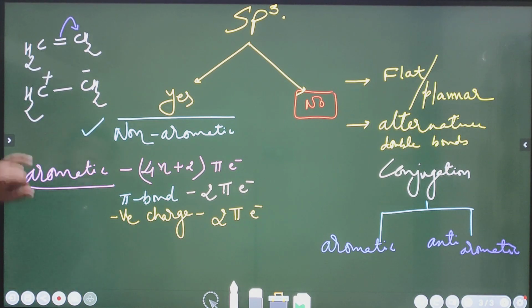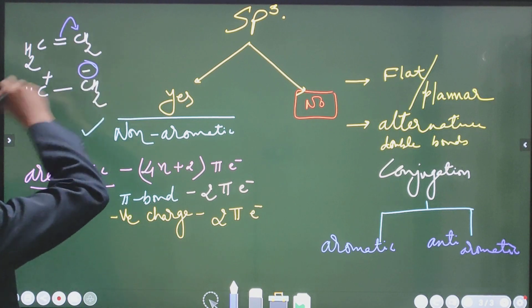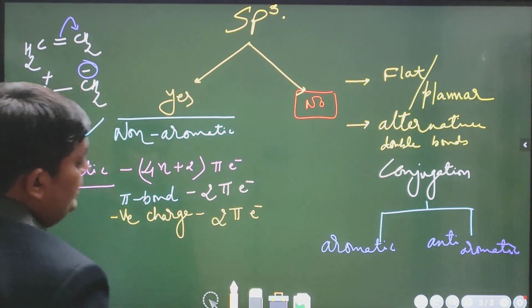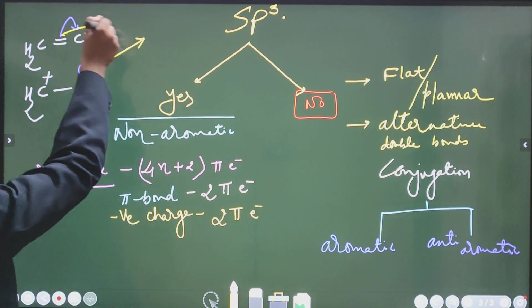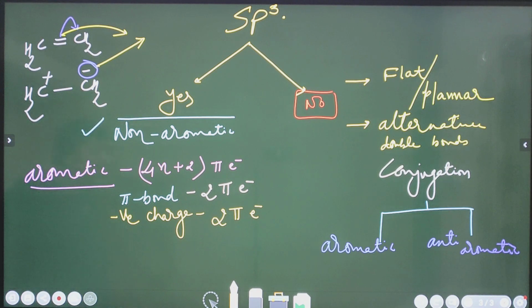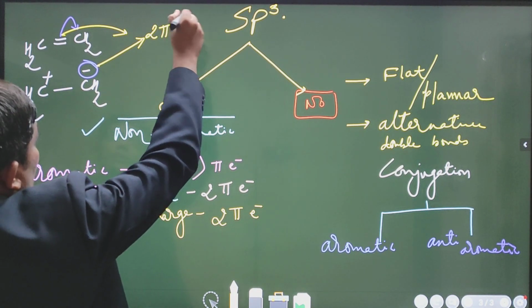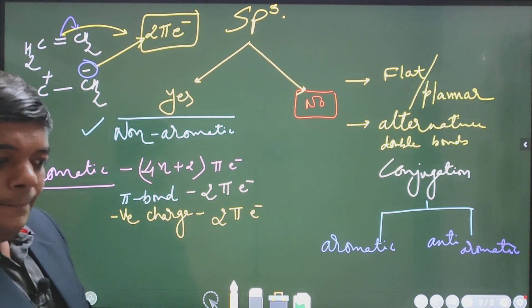So you can see this pi bond itself got converted into a negative charge. Therefore, whether it is a negative charge or a pi bond, we can always consider it as 2 pi electrons. I hope you are getting it.